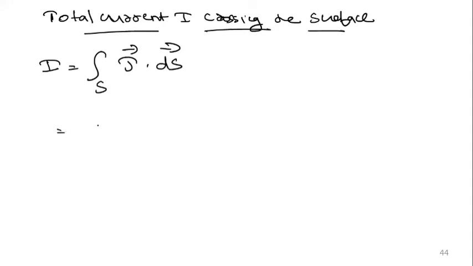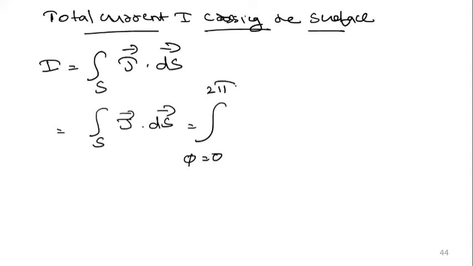Now we need the limits. Wherever the current is flowing, we need the limit. So it will be integral over S J dot ds is equal to integral phi is equal to 0 to 2 pi, integral R is equal to 0 to 1, minus 200 by mu naught into AZ, and ds you know.